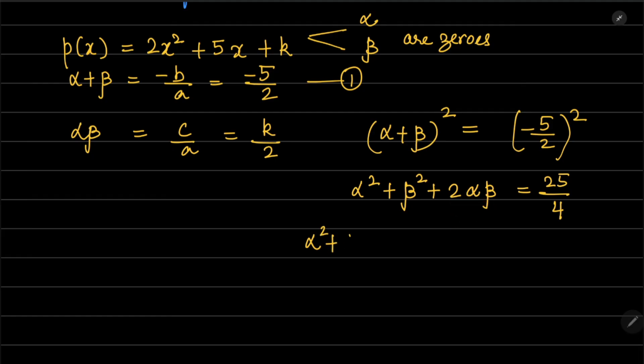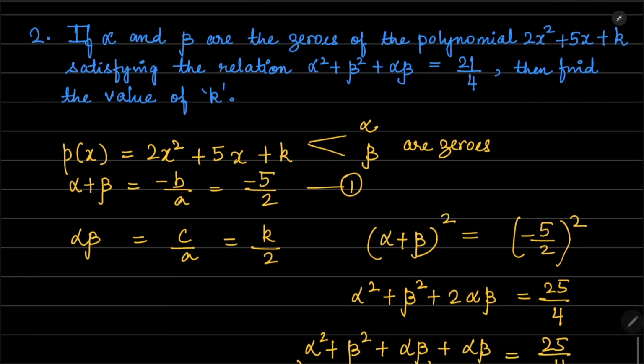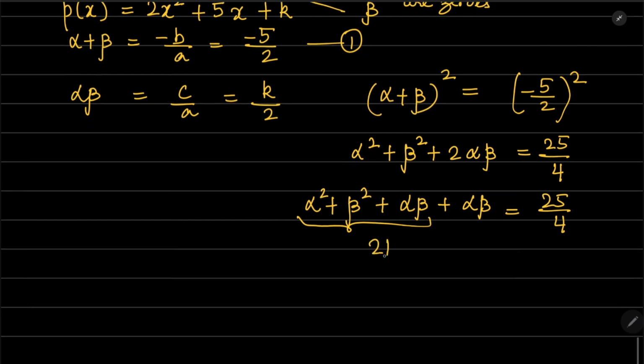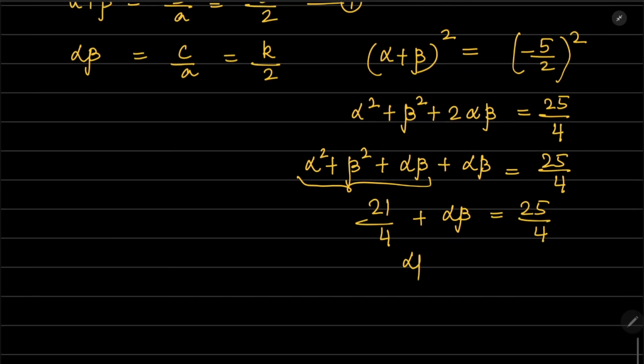So alpha square plus beta square plus alpha beta plus alpha beta is equal to 25 by 4. Now what is this value? It's already given to you. Alpha square plus beta square plus alpha beta equal to 21 by 4. So let me write it here. 21 by 4 plus alpha beta is equal to 25 by 4. So what is alpha beta?